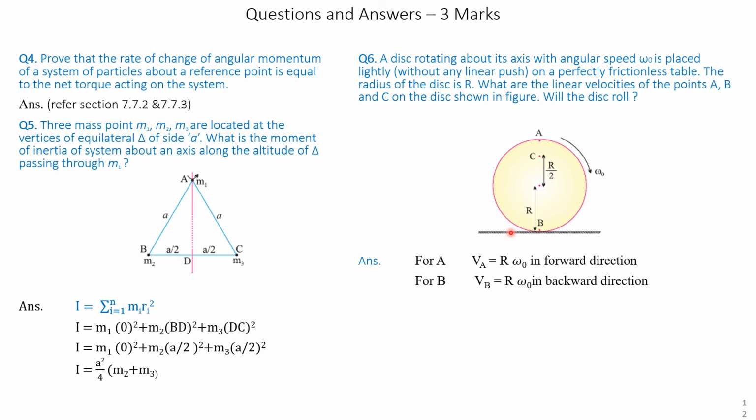And at point C, VC is equal to R by 2 into omega naught in the forward direction. The disk will not roll because of the rotation in forward and backward directions.